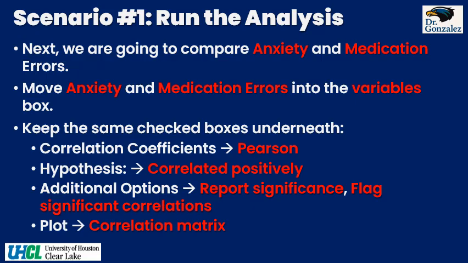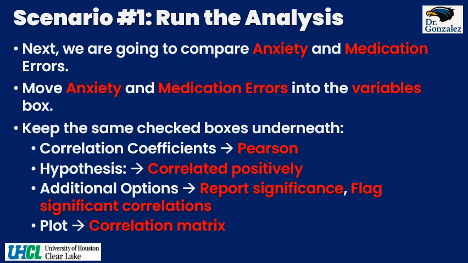So our second analysis that we're going to do is to compare anxiety with medication errors. So this time I want you to move anxiety and medication errors into the variables box, and make sure you move out sleep quality. Get it out of there. Otherwise you're going to get some funky mess that's not going to look like mine.